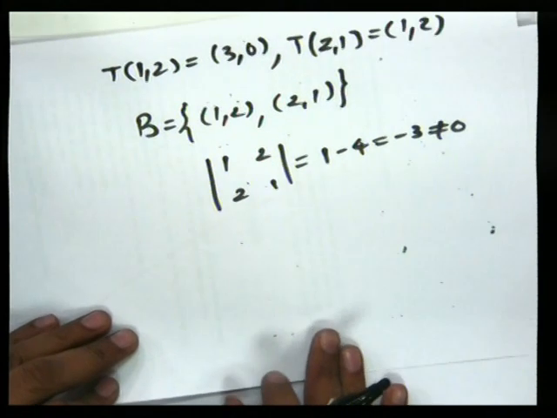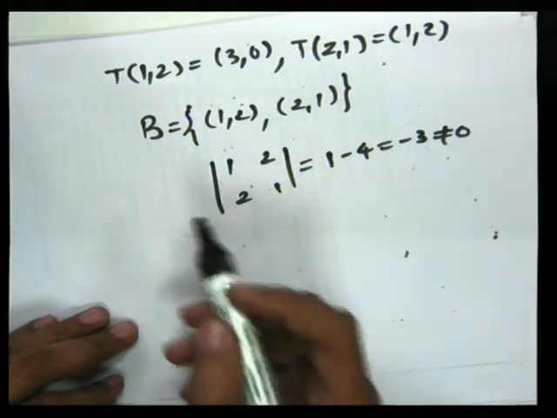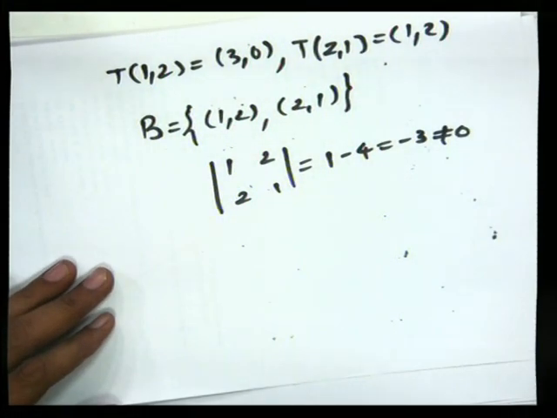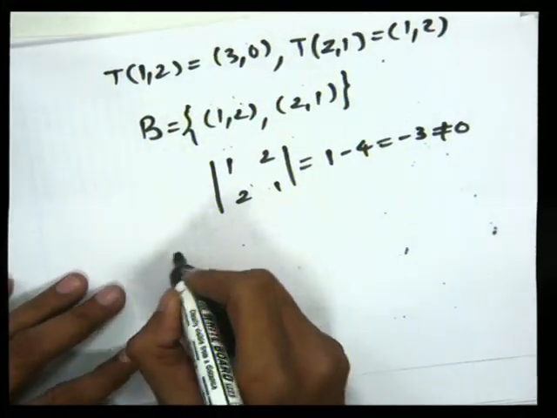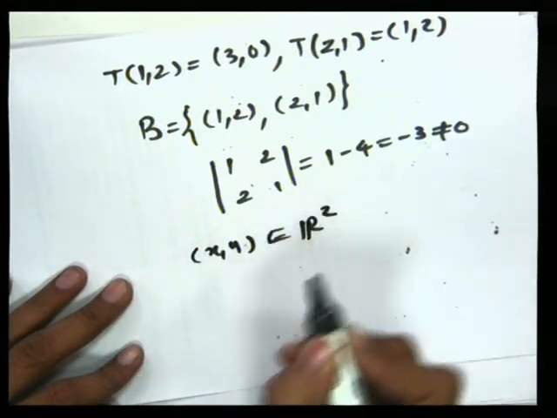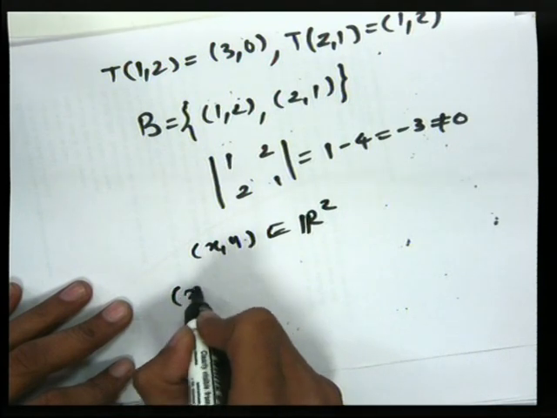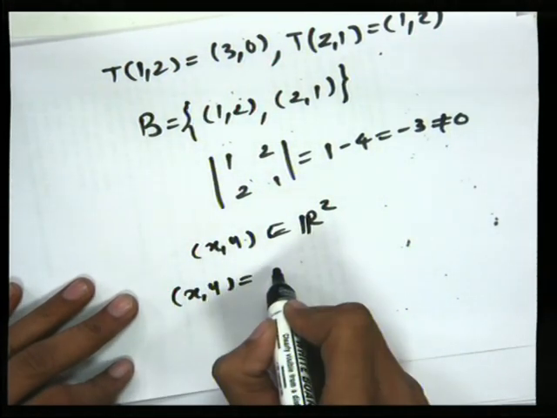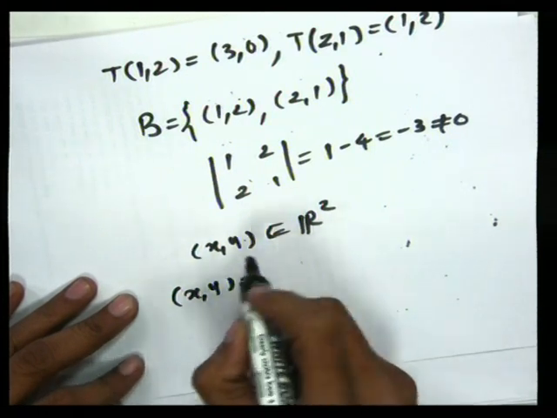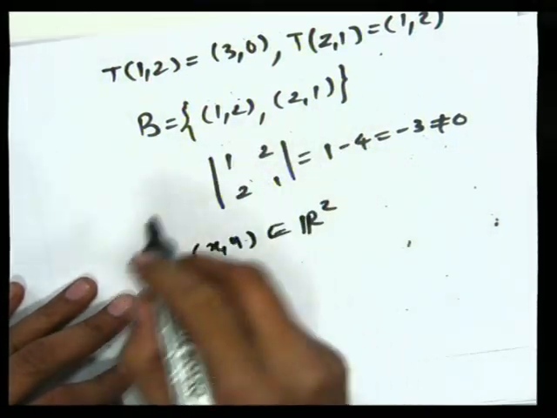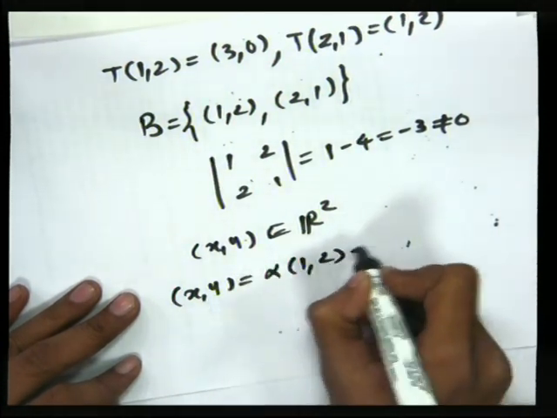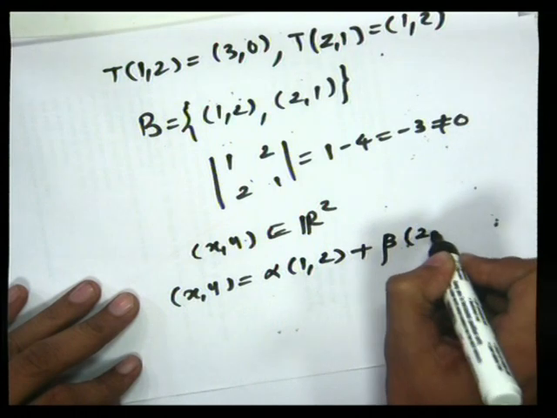So to determine the formula of T, we have to take any vector (x, y) belonging to R2 and assume that (x, y) can be expressed as a linear combination of the basis vectors of this R2. So alpha times the first vector (1, 2) plus beta times (2, 1).